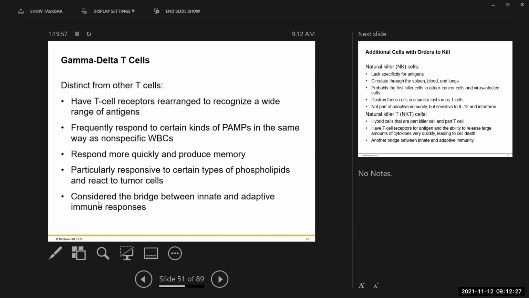They respond quickly, they do produce memory, and they react to certain types of phospholipids. They'll react to tumor cells because tumor cells will sometimes spin off these oddball phospholipids and things like that. So they are kind of a little bit between innate and adaptive immune response in some ways.